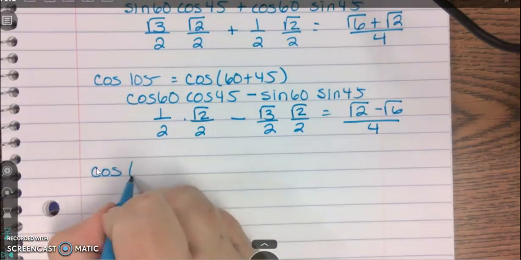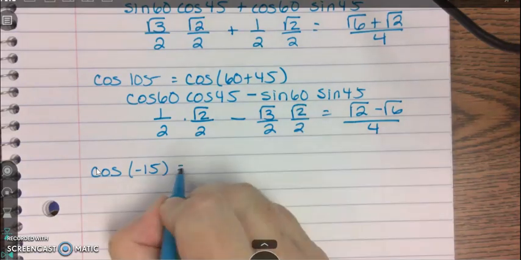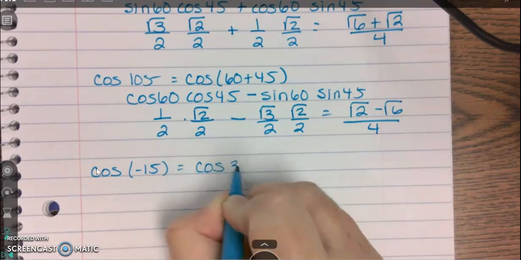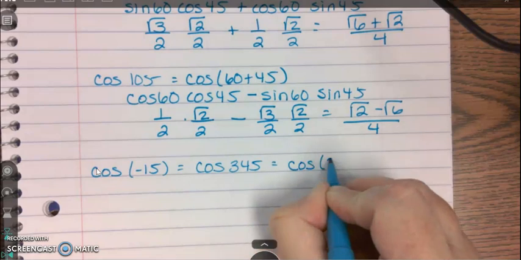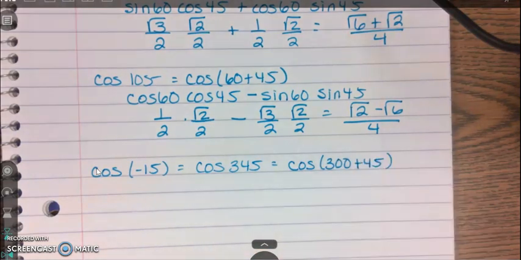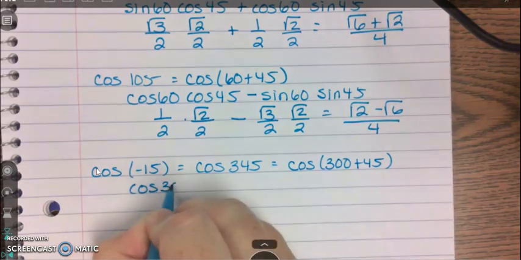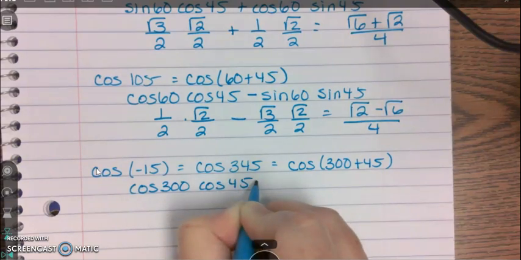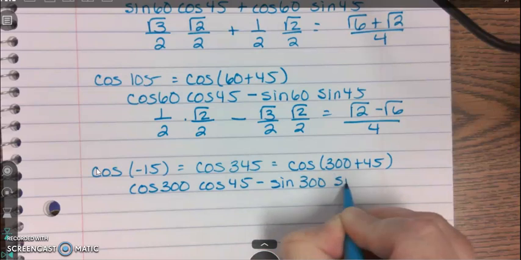Cosine of negative 15. Now, if you don't like dealing with the negatives, we can add 360 to that and get cosine of 345. And that would be what? 300 plus 45? Okay, so cosine, cosine, minus sine, sine.